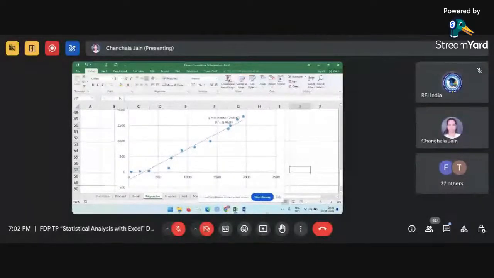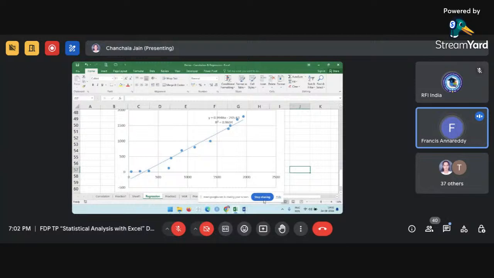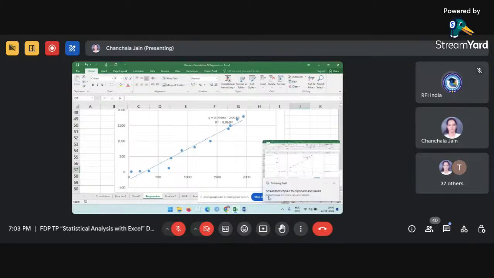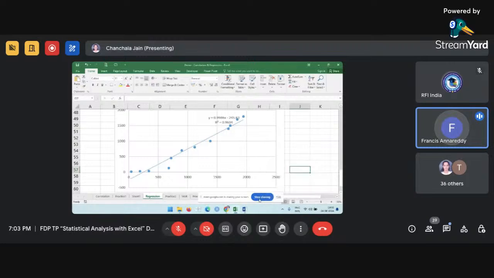How did you generate the best fit line automatically? It is generated, you can see. I think software is available. So this is a case of simple linear regression.